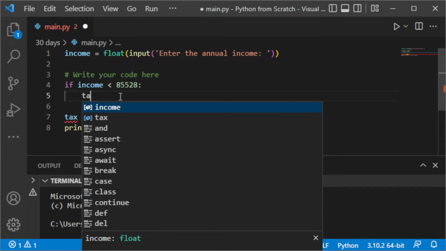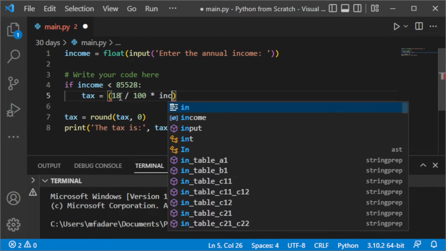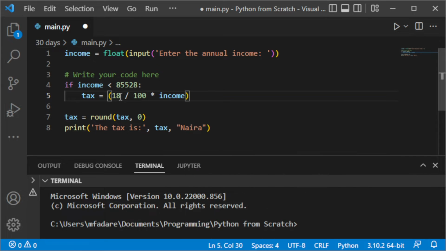So that means our tax should be equal to 18%. 18% of a number should be 18 divided by 100 times the amount, which is our income in this case. And we'll subtract 18% of that income minus 556.2. All right.